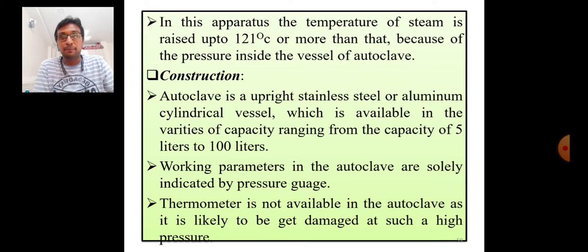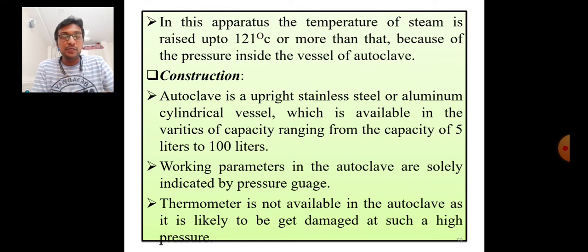Water is placed inside the vessel and then heated by means of an electrical coil. When we start warming it with the help of the electrical coil, hot steam is generated inside the vessel of the autoclave. Try to understand.